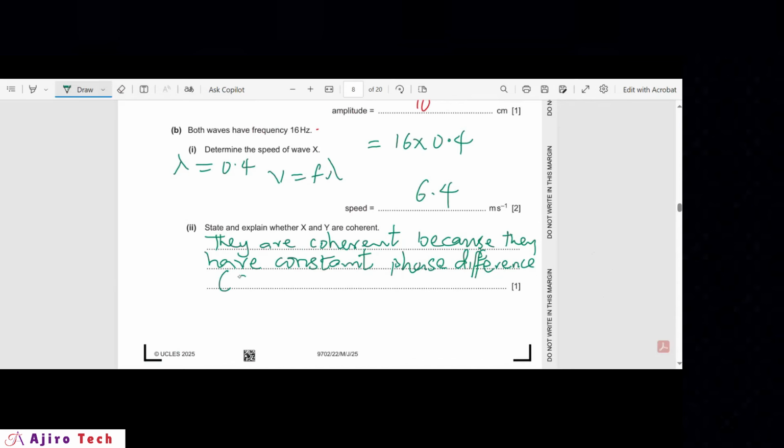In the bracket, same frequency. So coherent waves are waves with the same frequency. That's another way of putting it. Waves have constant phase difference because they have the same frequency. That's all.